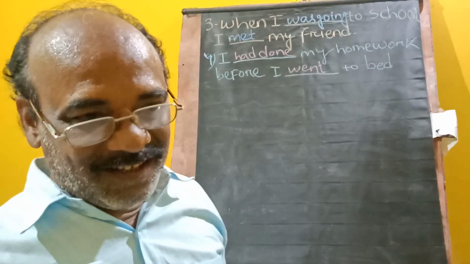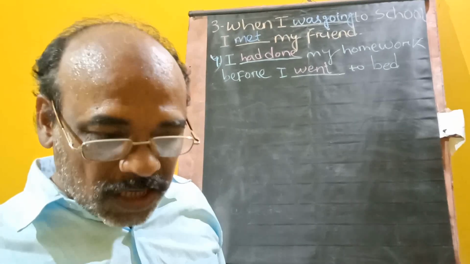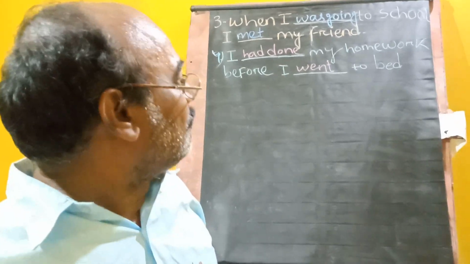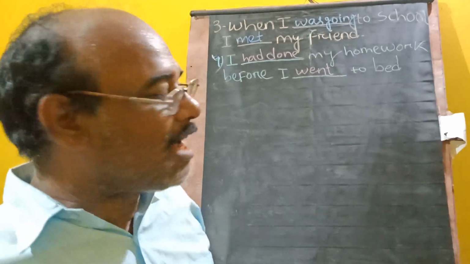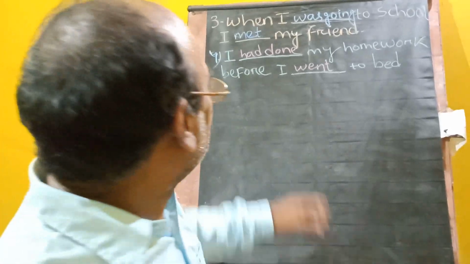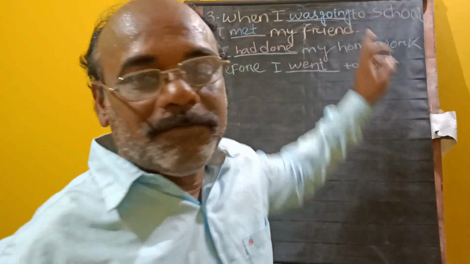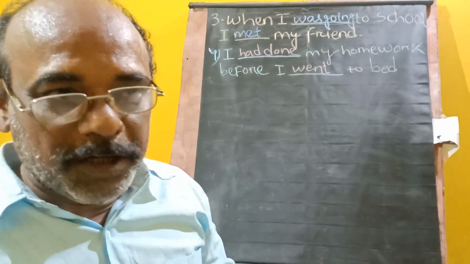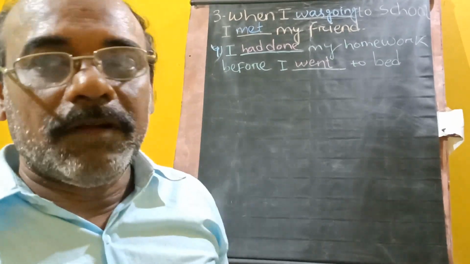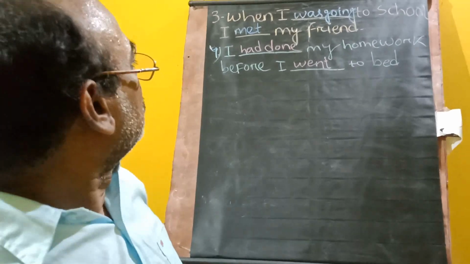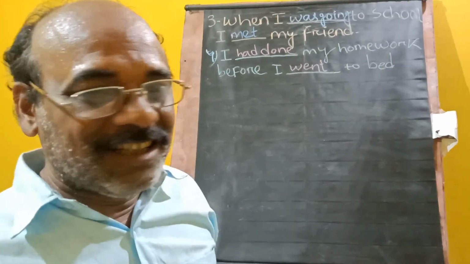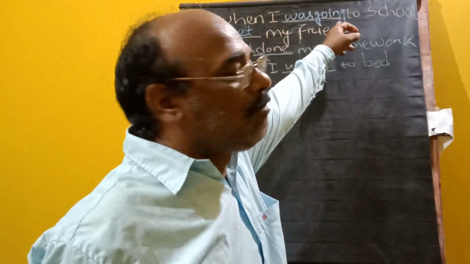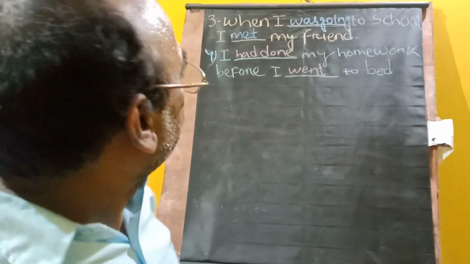Was going is the continued action, and the sudden action that takes place, that is the meeting of the friend. So the meeting of the friend will be in the past simple form, and the continued action will be in the past progressive form.